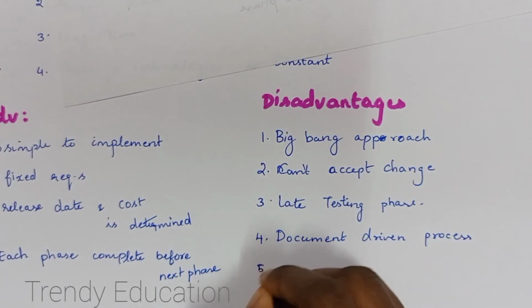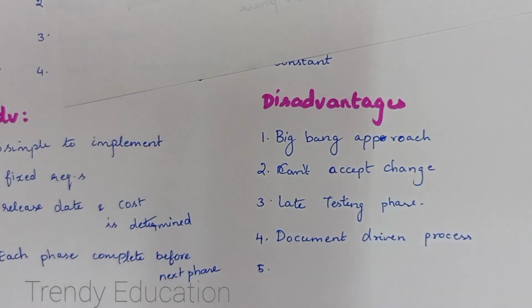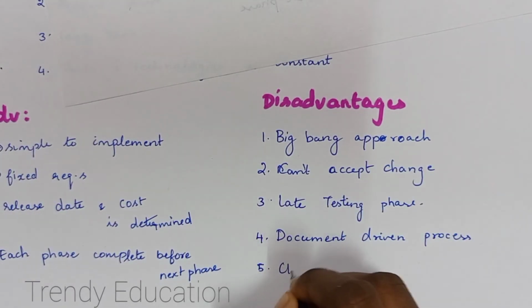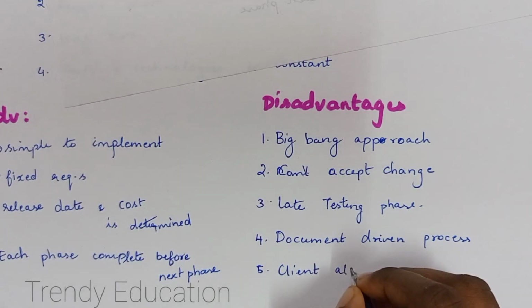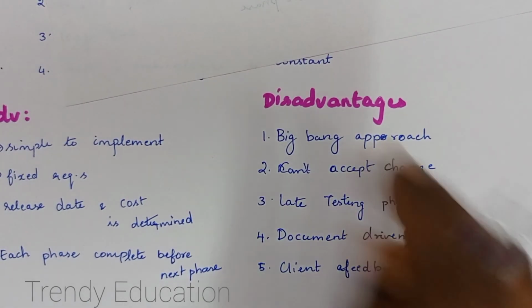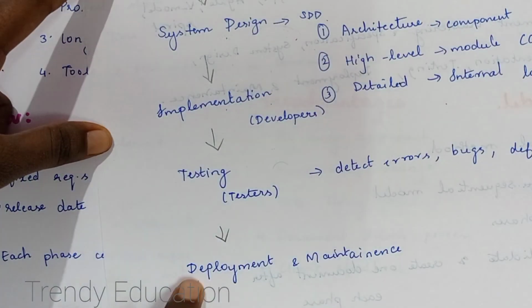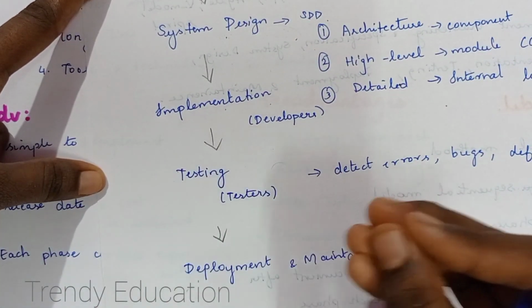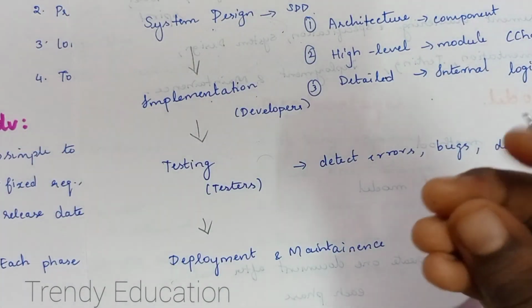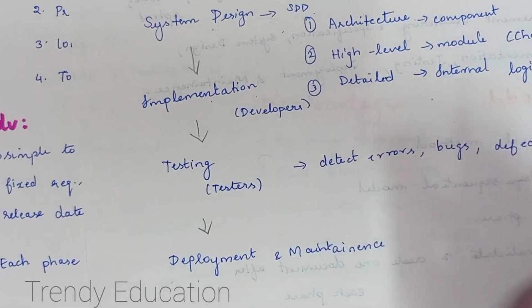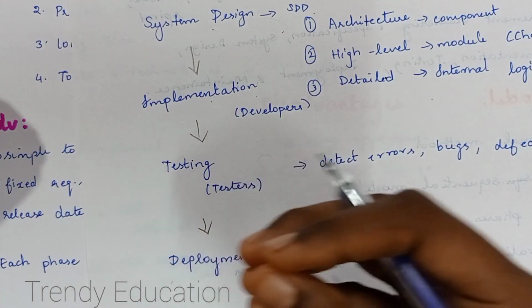The fifth major thing is client interaction, that is the client's point of view, or client feedback. There is no time to get client feedback in those stages. The client will say something, and the person called a business analyst will understand that in some other way.